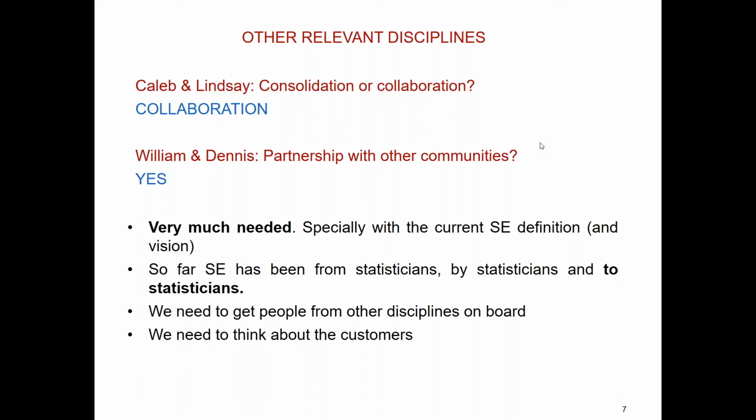That's a very good question. Maybe we need to think really, if what we are trying to do is something that should be done by somebody else, to train statisticians into some other skills that they don't have. And maybe we should train in statistics people that have these other skills. I don't know, but it's something like that.